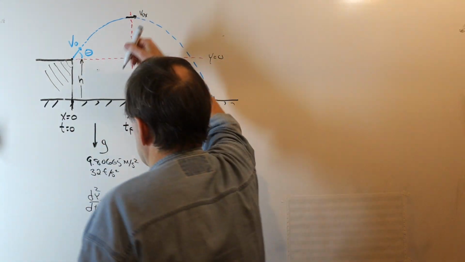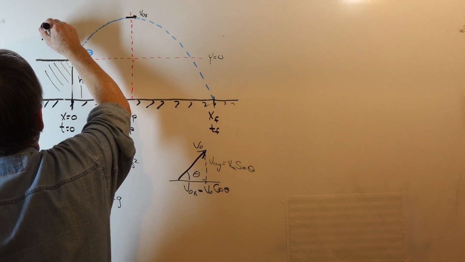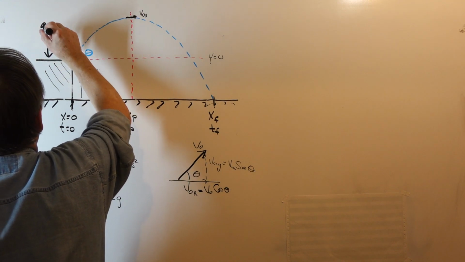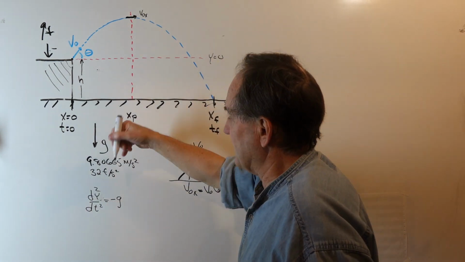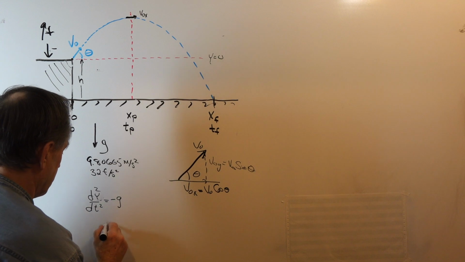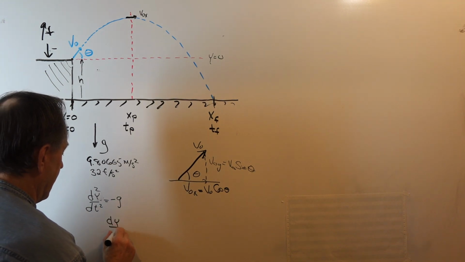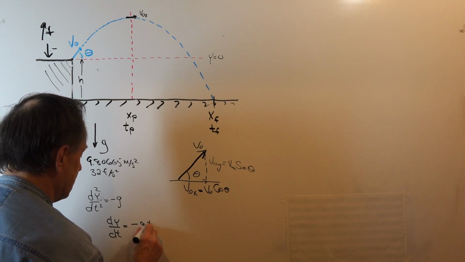Downward is the minus direction, upward is the positive direction. So our acceleration due to gravity is in the negative direction. So if we integrate this once, we have dy/dt equal to minus gt.